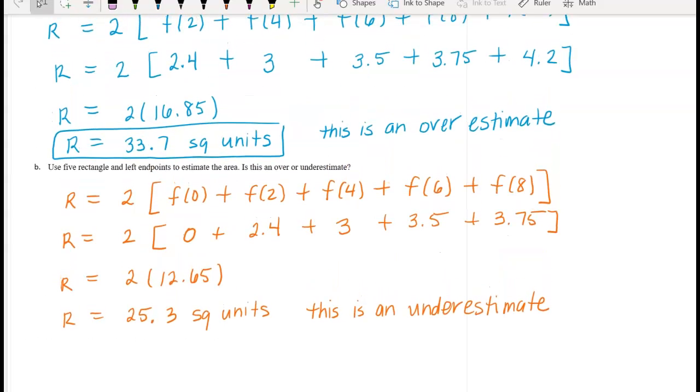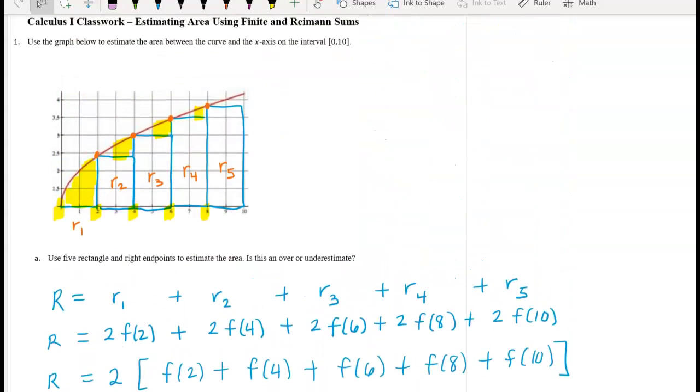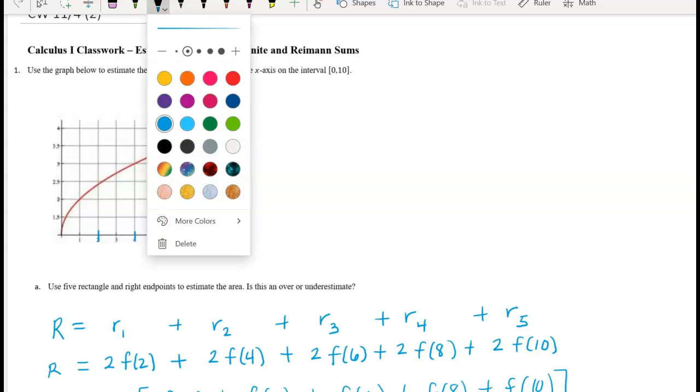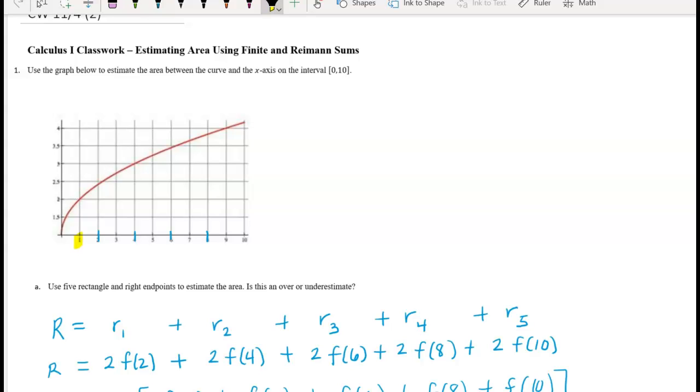All right, going back up here. Everything's going to be the same, but what we're changing is the heights. We're still having 5 rectangles, so the breakpoints are still going to be at 2, 4, 6, 8. But our heights now are going to come from the middle, which is going to be at 1, 3, 5, 7, and 9.